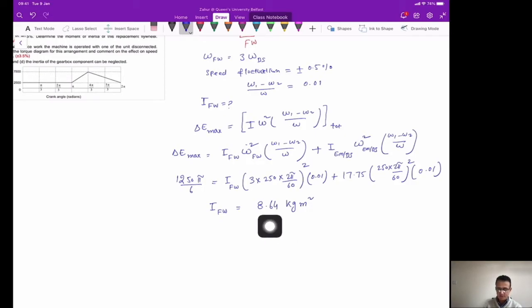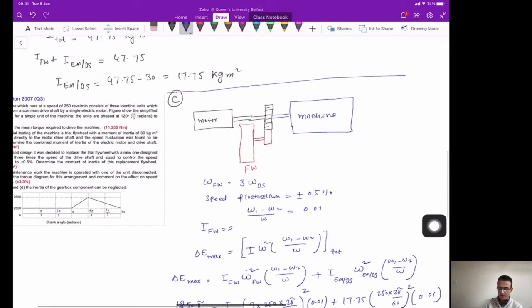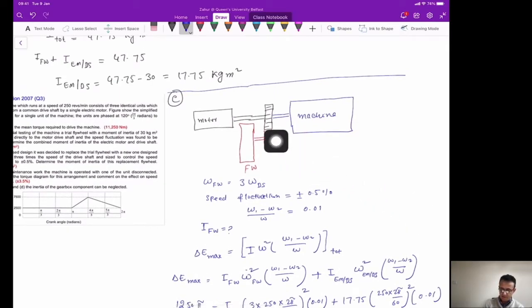Now as you can see, the size of the flywheel is reduced in this case, and the reason is that the flywheel is now rotating at higher speed, 3 times the speed of the previous case. In the previous case, the flywheel was connected directly to the drive shaft, but now it's connected using some gearing system, like in this figure here.